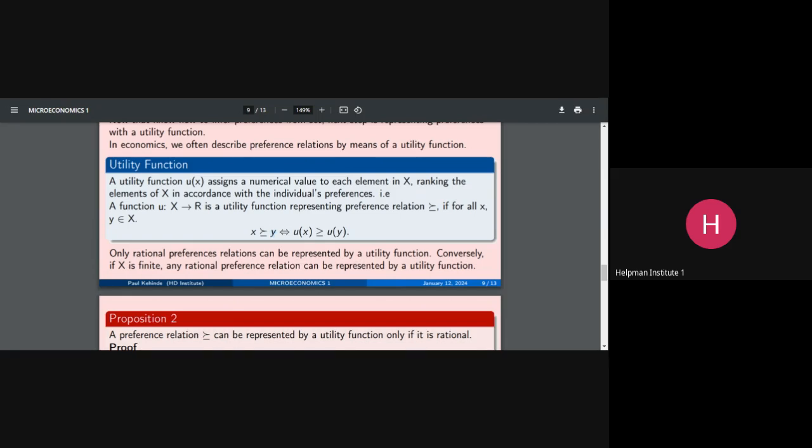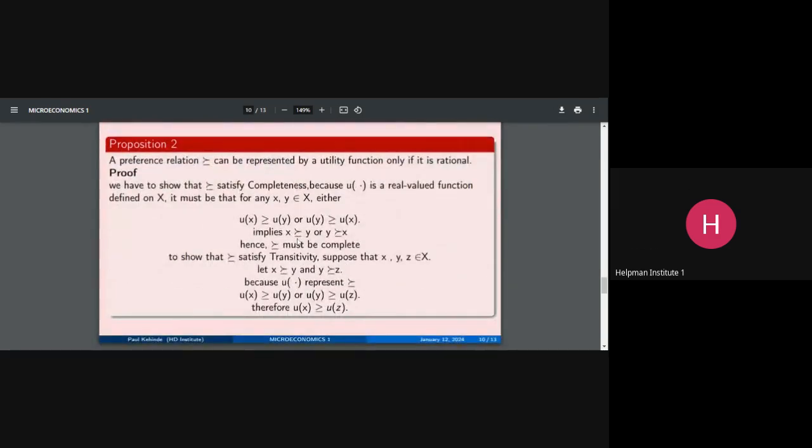It means the satisfaction I'm going to derive from commodity x exceeds or equals the satisfaction that y will give me. That's how we define it in lemma form. What this means is that the utility of alternative x is at least as good as y. So I hope that explanation is clear.